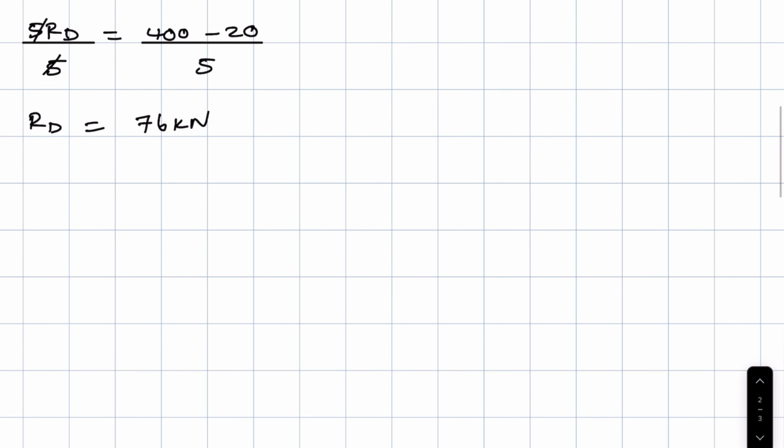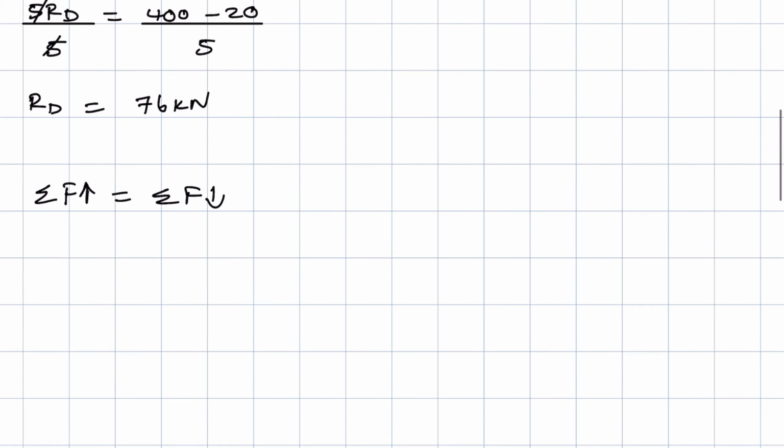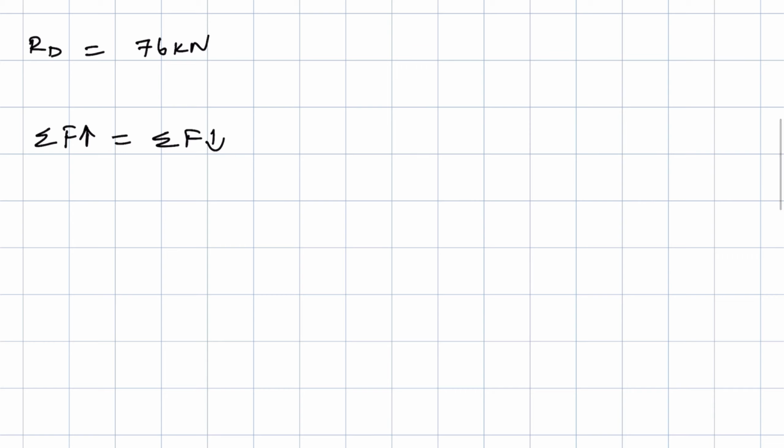So now to prove that our beam is in equilibrium, we are now going to use Newton's third law of motion, and say sum of forces going up is equal to the sum of forces going down, right? Forces going up, you have the reaction at B and D, so you have the 74 plus the 76, which are equal to all the forces heading downward, which you have the 20 plus the 30 plus 60 plus the 40, right?